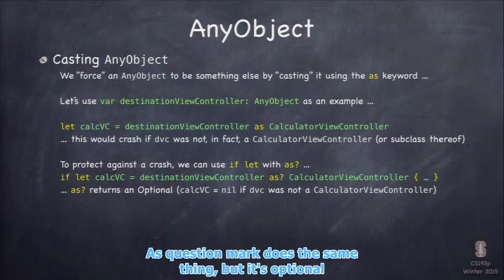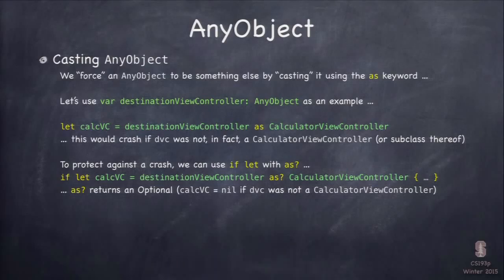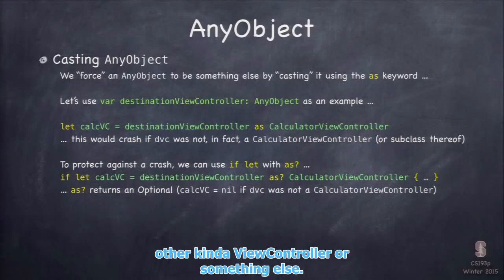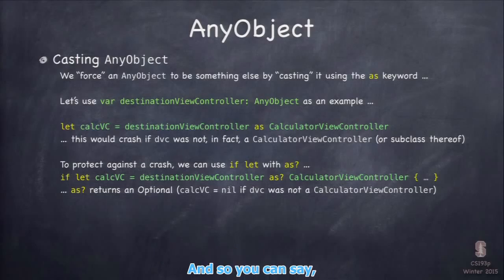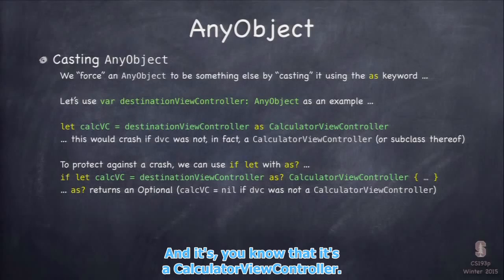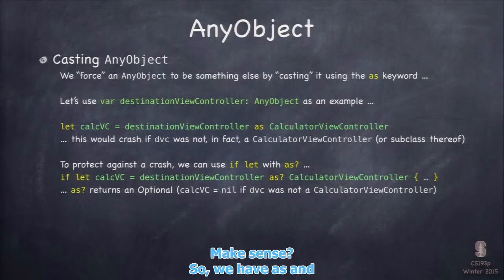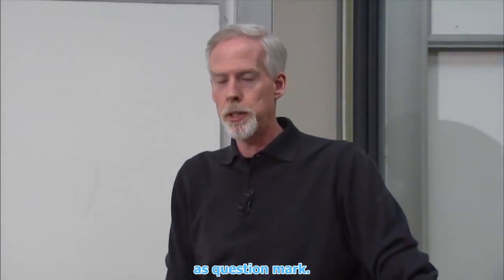So we can return nil if that any object, destination view controller, cannot be turned into a calculator view controller because it's some other kind of view controller or something else. And so you can say if let calc VC equals destination view controller as question mark calculator view controller, and then inside there you've got calc VC set, and you know that it's a calculator view controller. Make sense? So we get as and as question mark.